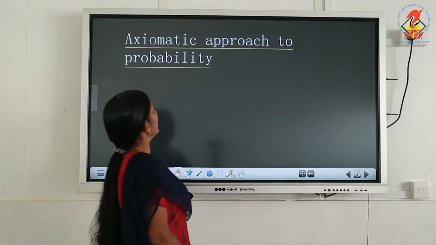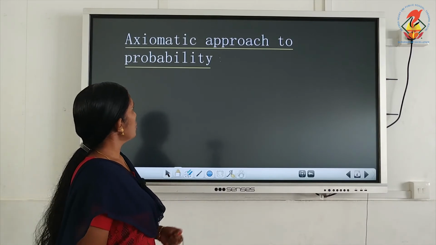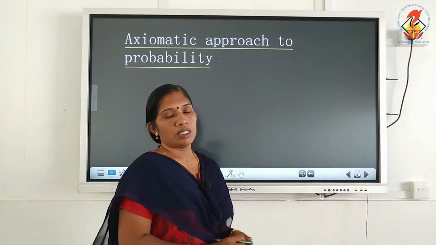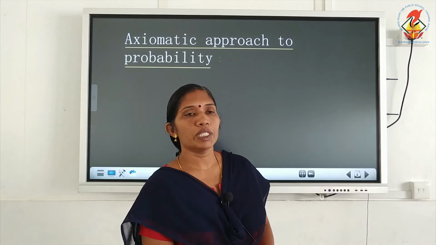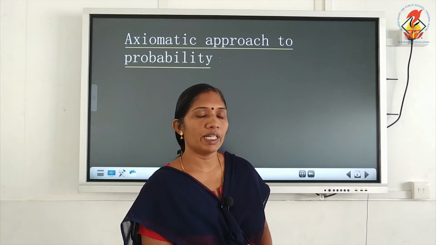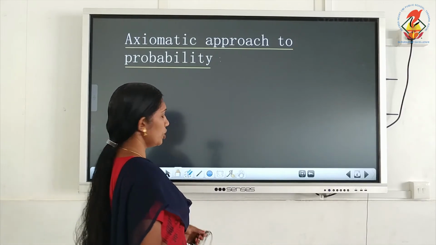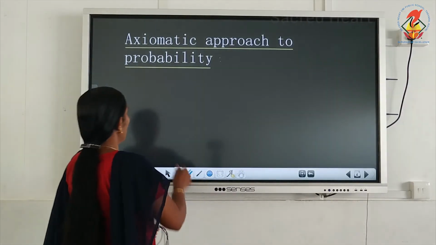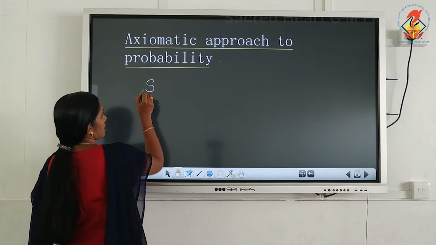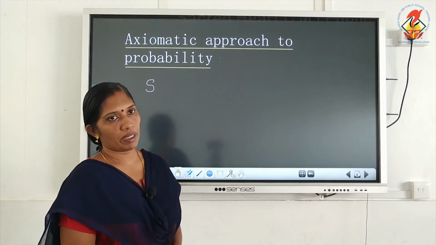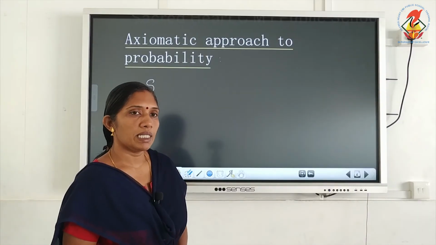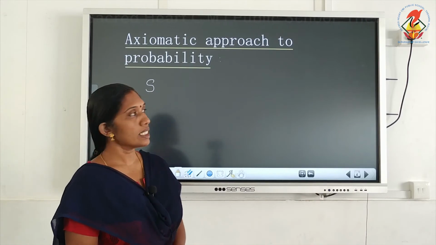The next topic, axiomatic approach to probability. This is another way to describe the probability of an event. According to this approach, how to define the probability? Capital S indicates the sample space. So let S be the sample space of a random experiment.